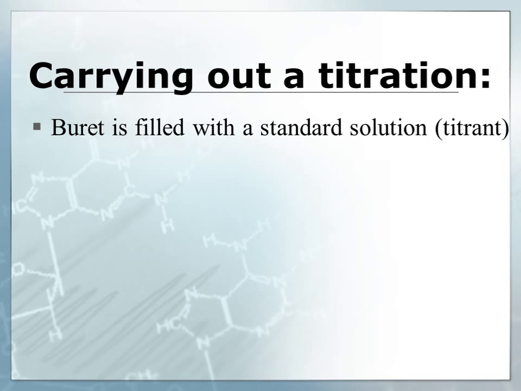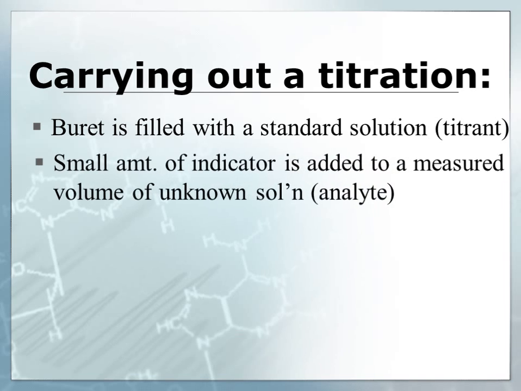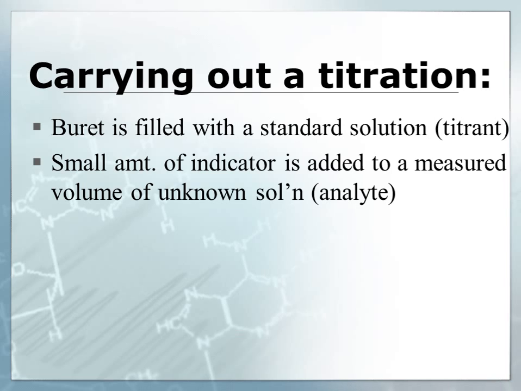And then you would dispose of those few milliliters. And then you would fill the burette up past the 0 mark with your titrant, with your standard solution. And then gradually bring that meniscus down to the 0 mark by carefully opening the stopcock and allowing a little bit out. So there your burette will be prepared.